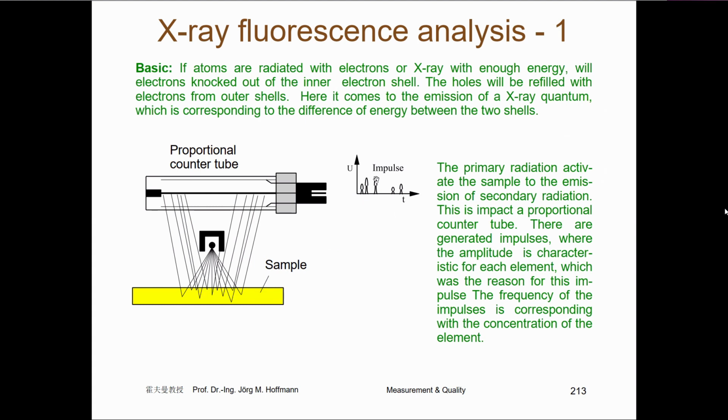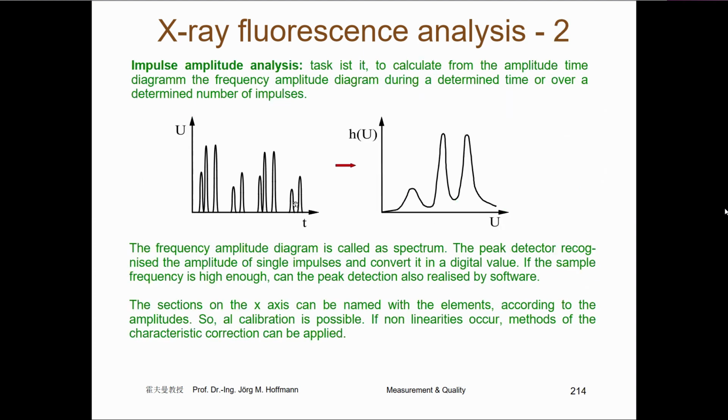And you see, every metal has a different amplitude. And so you can calculate these different amplitudes to the amount of the kind of metals. The wavelength or the amplitude is typical for every metal, and how many impulses you have. From this, you can calculate the amount of metal.